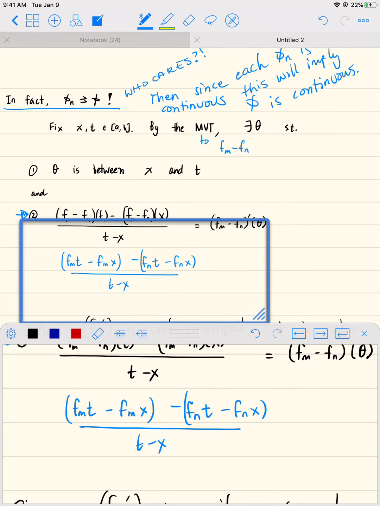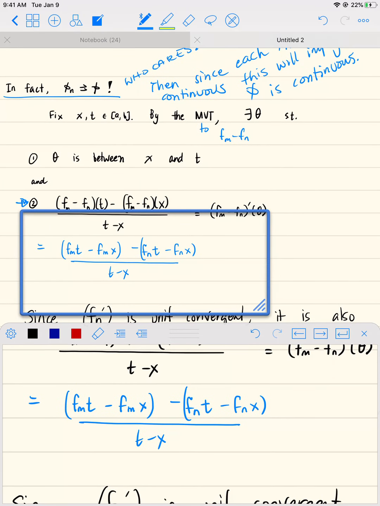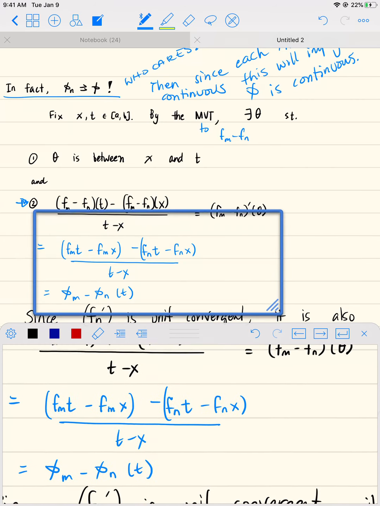And this is now the same thing as phi sub m minus phi sub n of t. Okay?